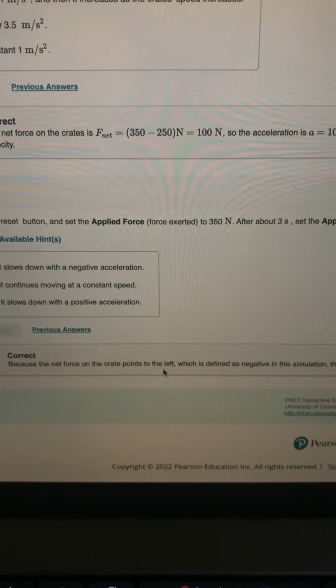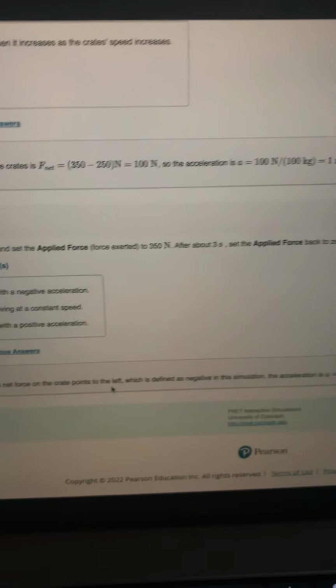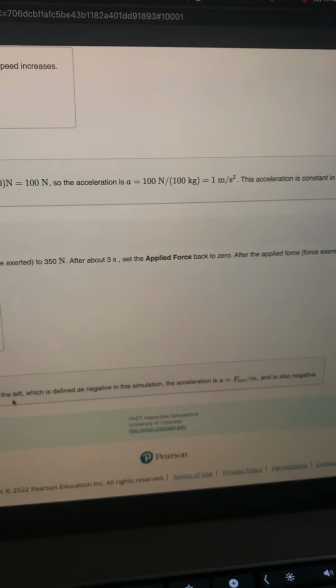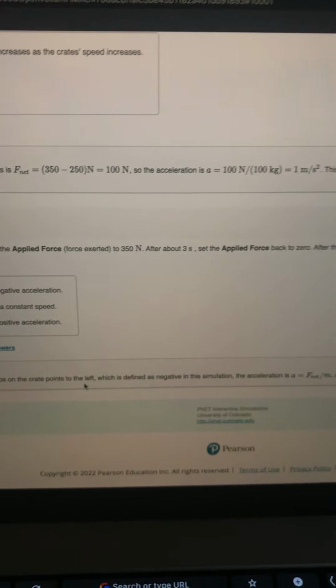Okay. We still have one more problem left. After 3 seconds of applying this force, we're just going to take the force out.